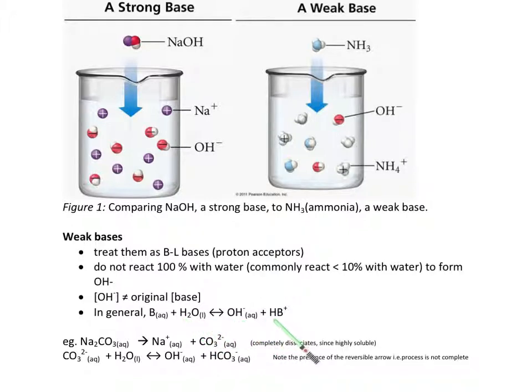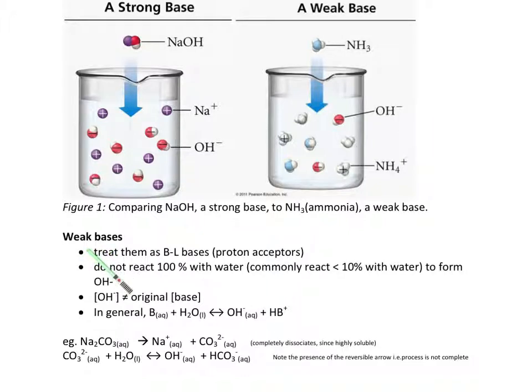And here we see that the B, when it accepts the proton, forms the HB plus. As in this example here, the B would be the NH3, the water is the water, the OH minus is the OH minus, and the HB plus would be the NH4 plus. And so the NH3 and the NH4 plus are conjugate acid-base pairs because they differ only by a single proton.